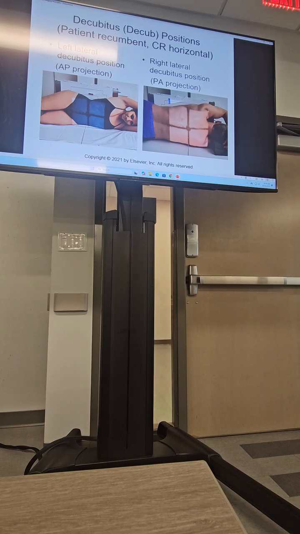On which side is he lying down? On the left side. So this is left lateral decubitus, meaning the patient is lying on his left side, but the X-rays are coming from the side, parallel to the floor.